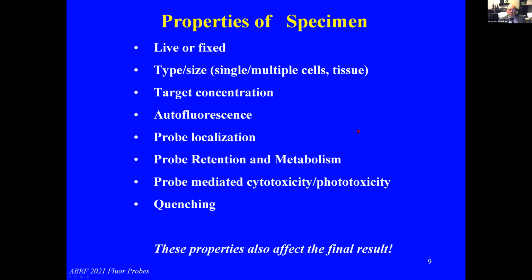Additionally, we may want to look at properties of the specimen as well, which can be live or fixed, of different type and size, have different target concentration that we would like to label, have autofluorescence, provide different probe localization, probe retention and metabolism, probe-mediated cytotoxicity and phototoxicity, which is important for live samples, and quenching, which is like media-produced killing of the fluorescence.